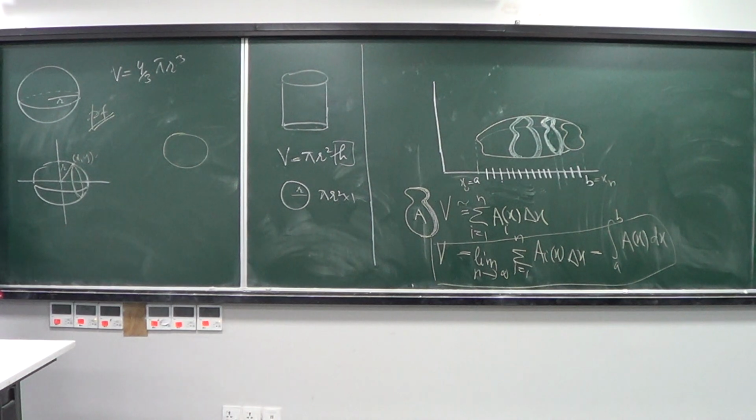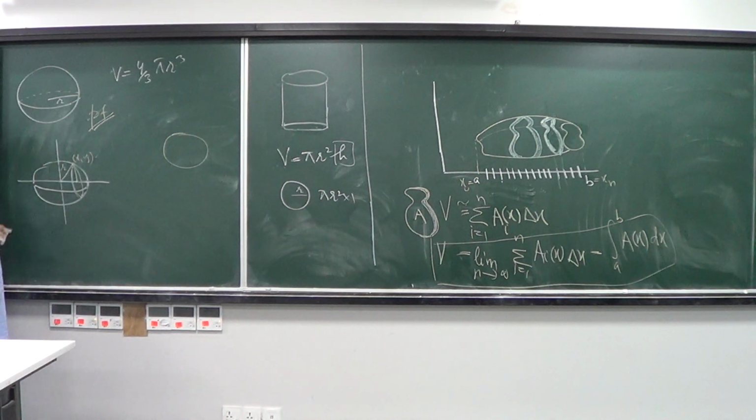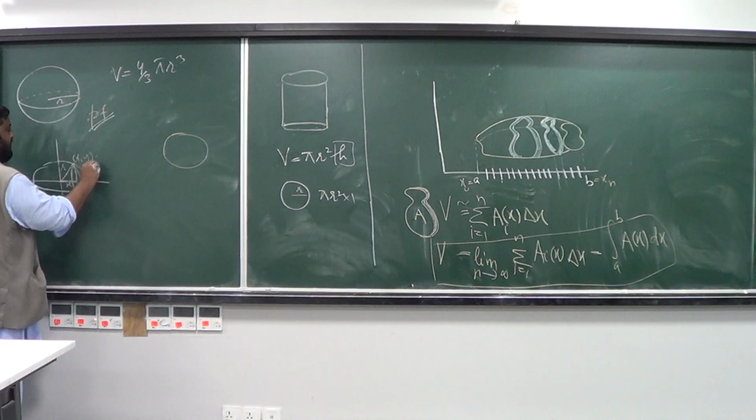Now, if the coordinates of this point on the surface are xy, what does it tell you about this distance and this distance? This distance is x and this distance is y.